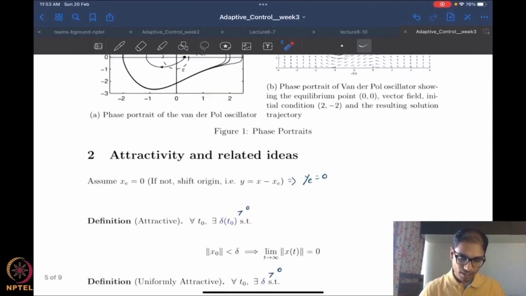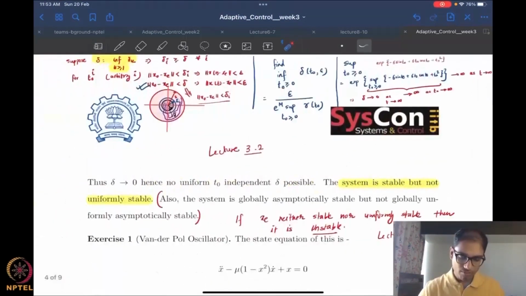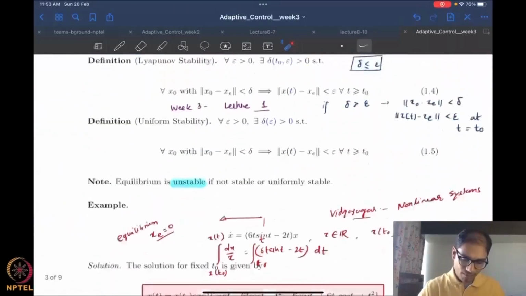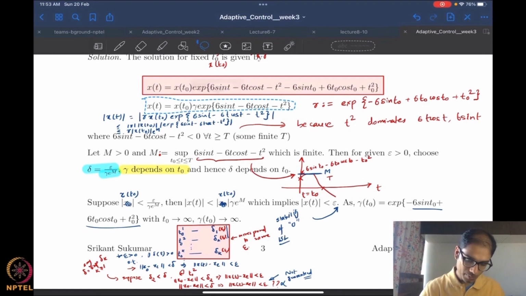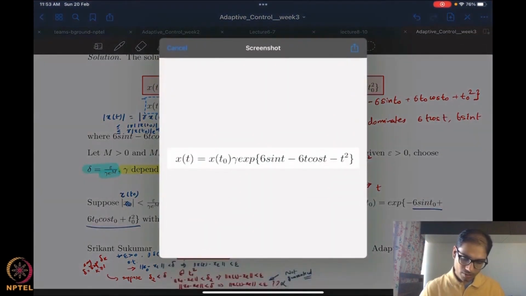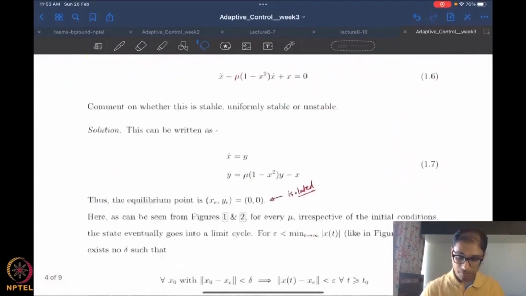For the Massera system, I'm going to write this solution out again. Let's see if I can copy it. It doesn't let me copy it, so I hope it lets me paste it too.